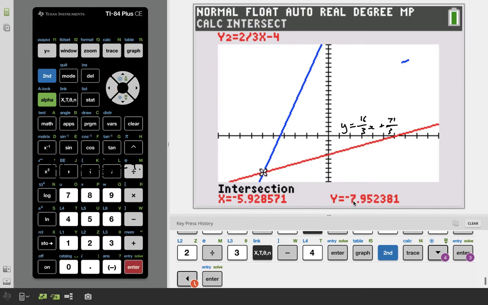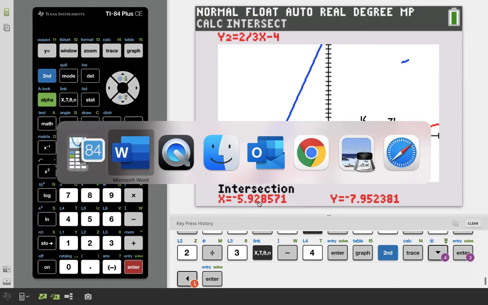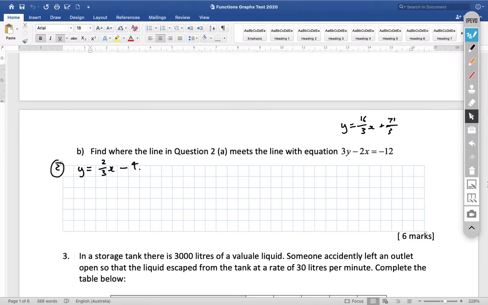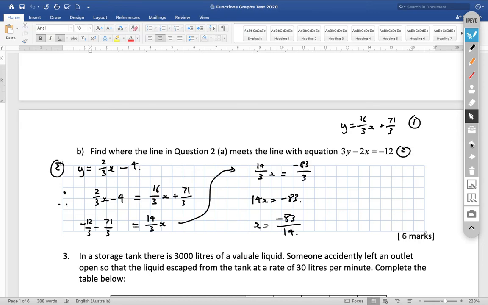So it says minus 7.95. Minus 7.95, and the x is minus 5.93. Right. So the question would be, is my x the same as their x?